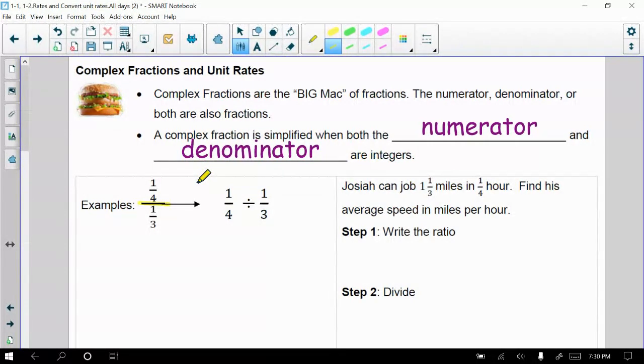So if I was to rewrite this before I can do my multiplying by the reciprocal, it is 1/4 divided by 1/3. Then we can go in and actually do our math work with it. Okay. So now I can take my 1/4 times 3/1 to get 3/4.